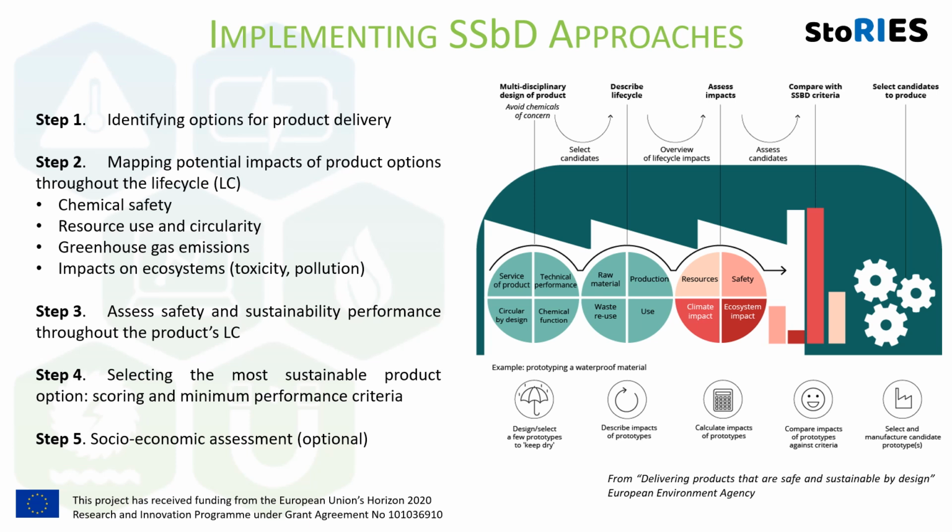A characteristic feature of the framework is the fact that we need to combine different dimensions. First of all, safety and sustainability, that are expressed with different units, and combine them in a certain way, so as to have the possibility to express and compare different candidates with a unique indicator.